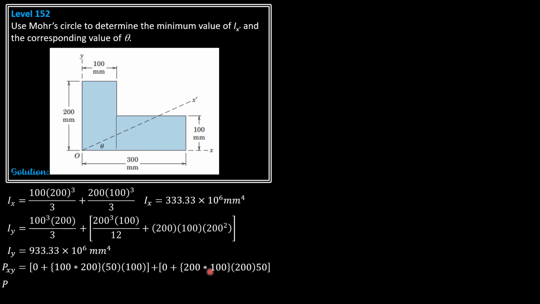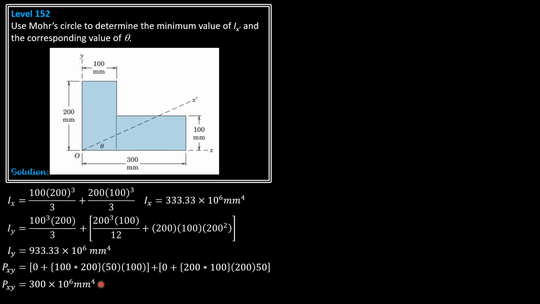So computing product of inertia with respect to xy axis is equal to 300 times 10 to the 6 mm to the fourth. We then plot Ix comma Iy, so we'll just remove 10 to the 6, then we'll put 10 to the 6 back later for the final answer.